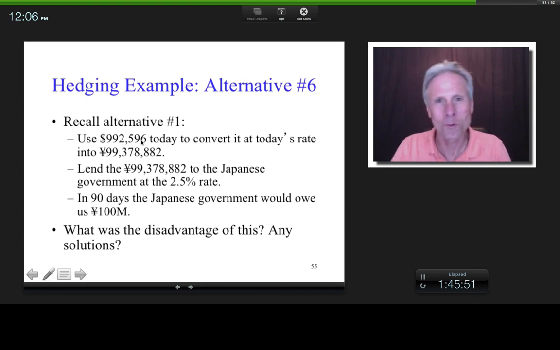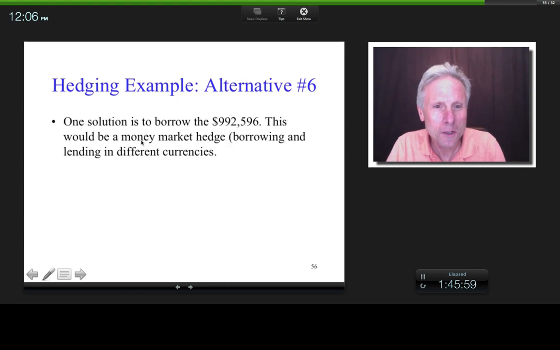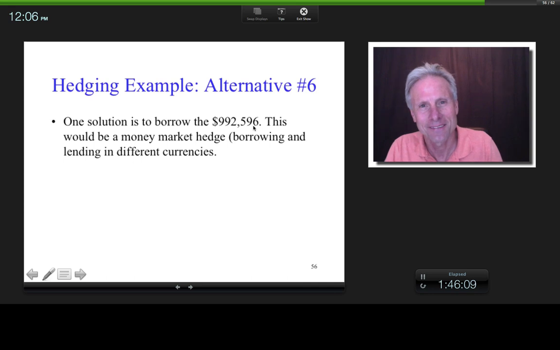Well, what do you do when you need credit? Do you borrow money? You do, right? So what we could do is we could borrow this money, right? And that's consistent with the definition of money market hedge, right? We could borrow dollars and lend yen.